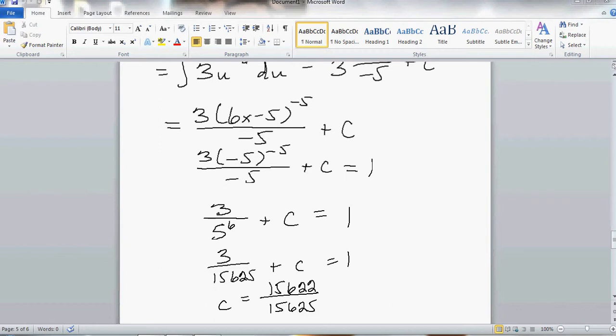And so the final answer, since we need to plug it back into our last equation, the original equation: y equals 3 times the quantity 6x minus 5 raised to the negative fifth power over negative 5 plus 15,622 over 15,625.